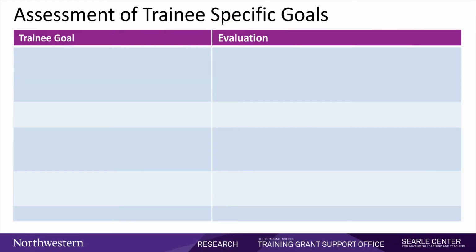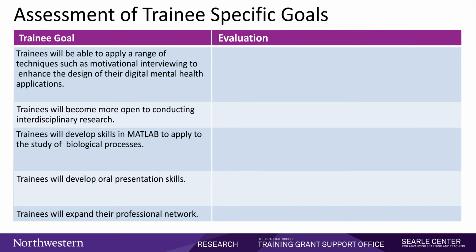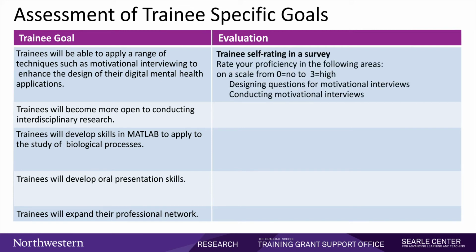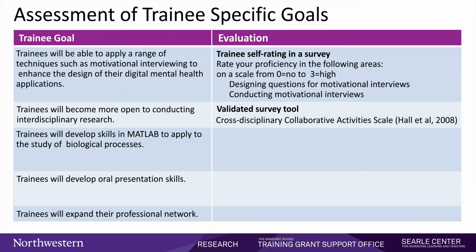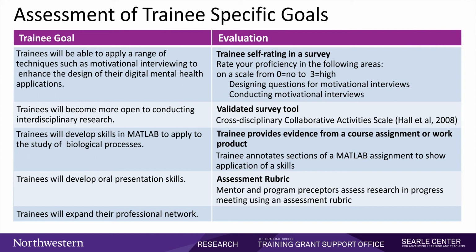Here are the prior examples of trainee goals, now linked to examples of the evaluation methods used to assess whether they have been achieved. There are a number of different types of evidence that a program can collect, ranging from trainees' own assessment of their skills on a survey designed by the program, to trainees' responses in a survey like the Research Orientation Scale that has been empirically designed and validated by research, to examples of work that trainees provide to demonstrate their skills, to assessment of trainee work by a third party using an assessment rubric.